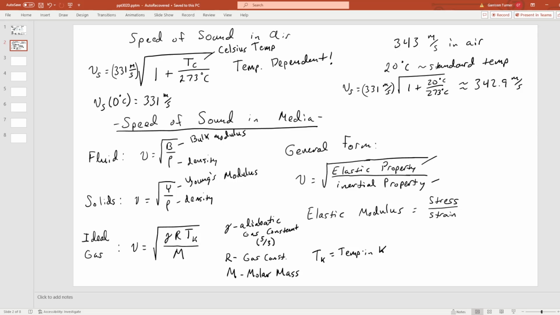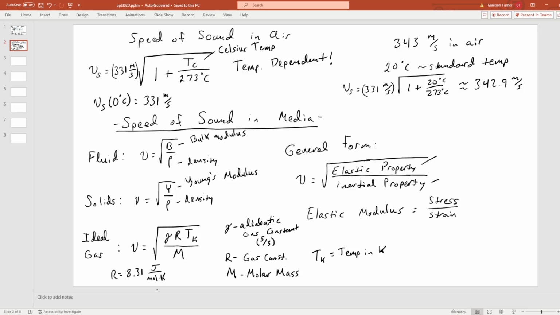Your gas constant R, for completeness' sake, has the value of 8.31 joules per mole times Kelvin.